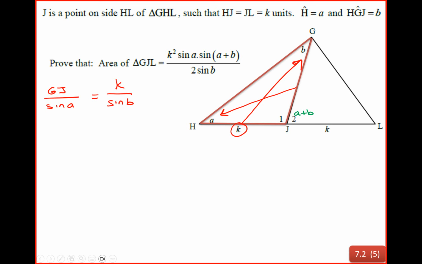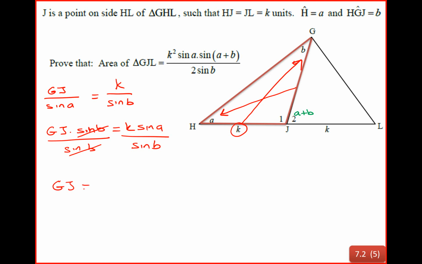So remember, we want to find GJ in terms of letters, so we're going to cross multiply, and that will give us GJ sine B is equal to K sine A. And then we're going to divide both sides by sine B, and we come out with GJ is equal to K sine A over sine B. And you'll notice that that's the furthest we can go.